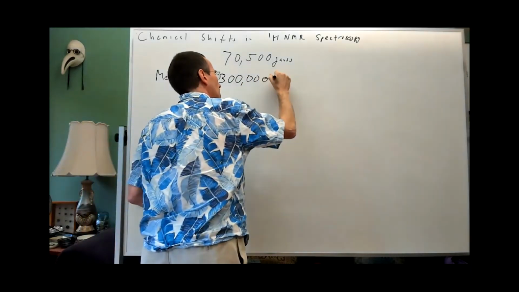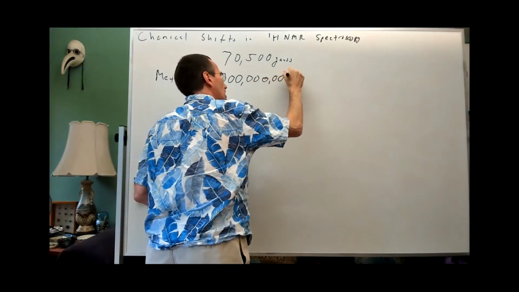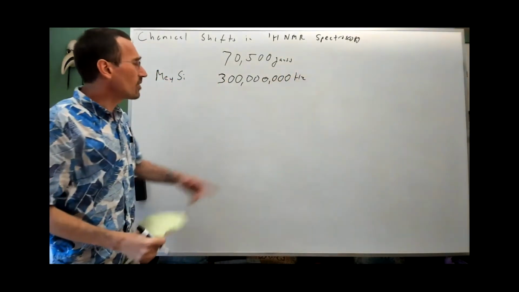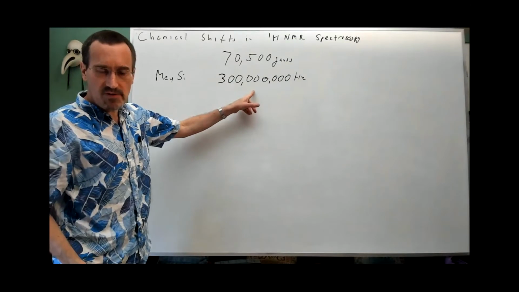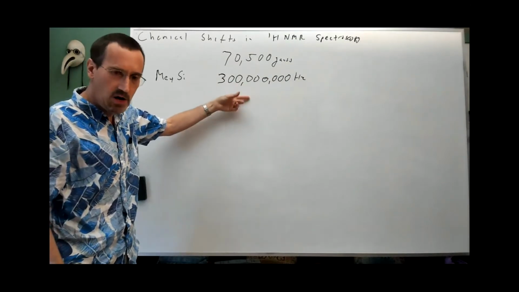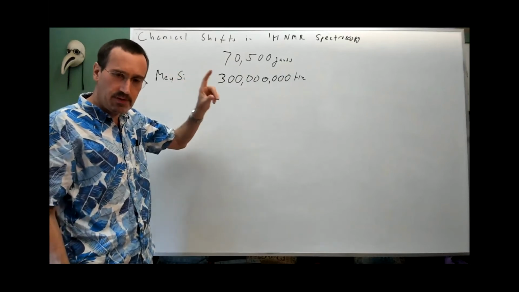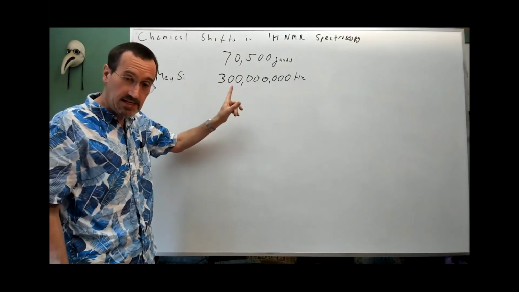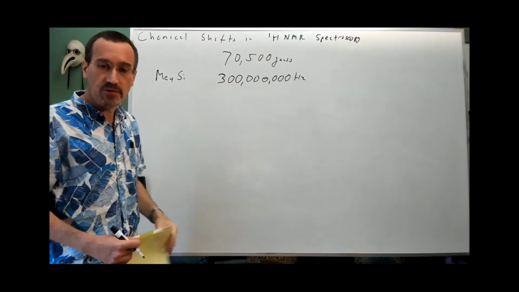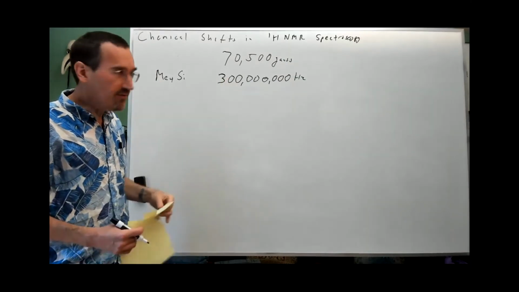So I'll write that as 300 million hertz. But this frequency, as we discussed before, depends on the applied magnetic field, B0, because the energy gap between the alpha and beta state and the rate of precession depends on the magnetic field.